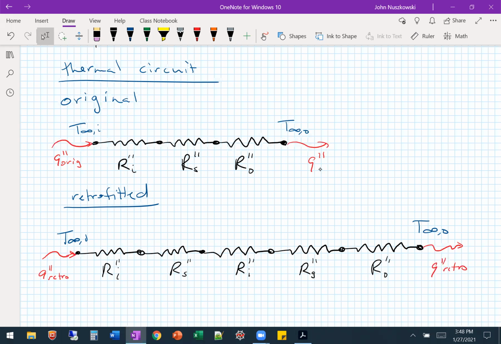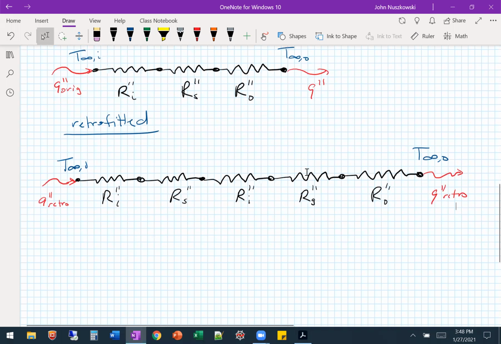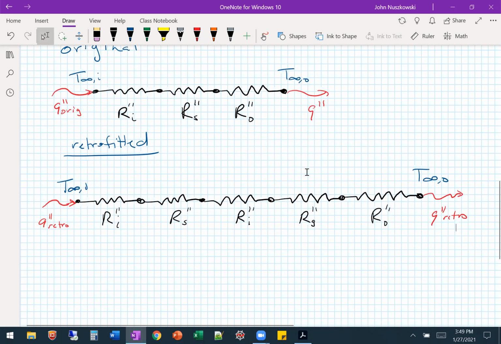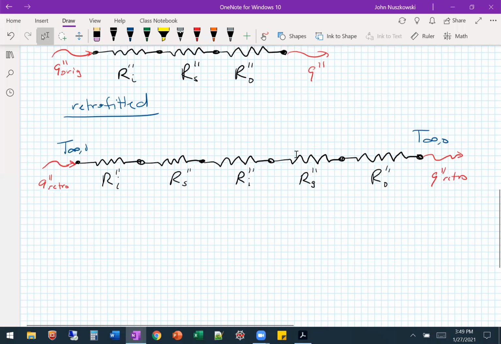Okay. So earlier, before we did the assumptions in the thermal circuit, I heard calculate the resistances. So we can set that up.